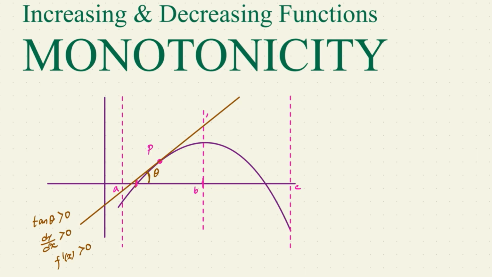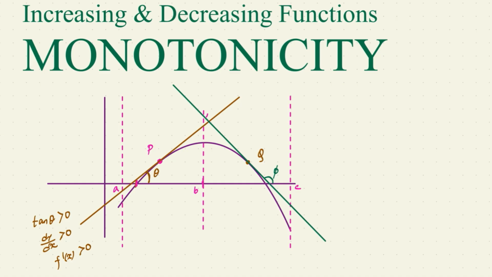Similarly, if I choose a point on the decreasing side of this function, let that point be Q here, and I make a tangent at this point Q, then it will be like this. As you can see, this tangent makes an obtuse angle with the positive direction of the x-axis, and let that be phi.